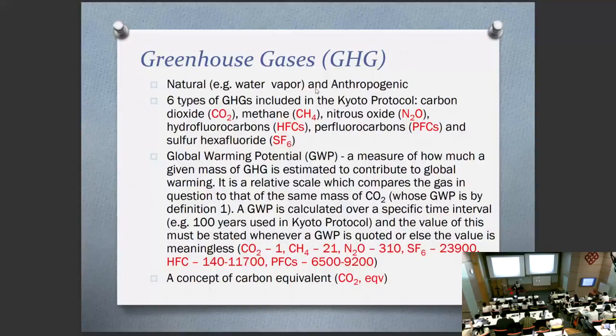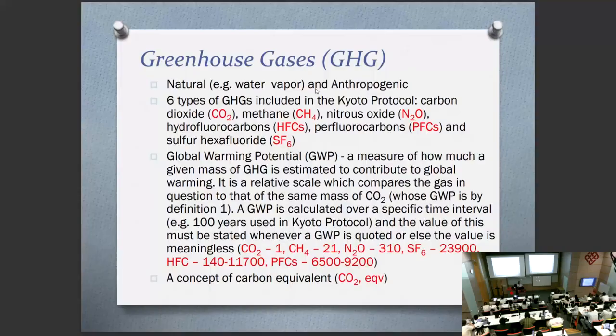Okay, so extending from the concept of global warming potential, we have the unit called carbon dioxide equivalent. So maybe 1 kg of carbon dioxide equivalent means I am releasing some gas in a certain mass such that the radiative forcing, the heat trapping ability, is the same as 1 kg of carbon dioxide.